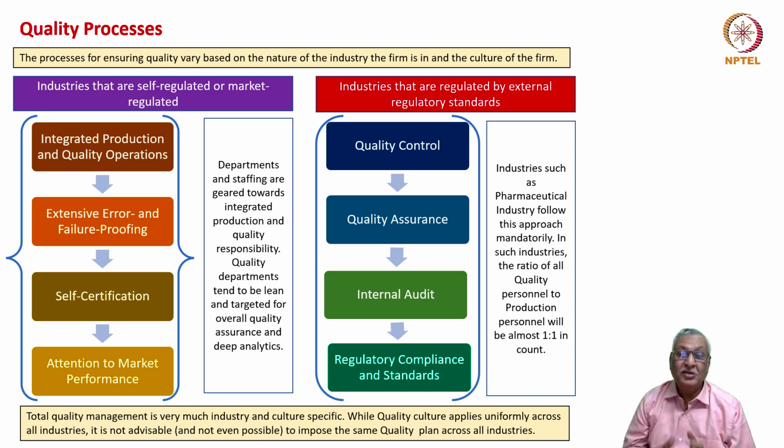But quality in a foundry situation is something which is to be pursued, because environmental, safety, and health standards are intricately linked to the kind of quality you will ensure. So a foundry that is as good to look at, as good to experience as an assembly line is the ultimate in terms of environment, safety, and health standards.